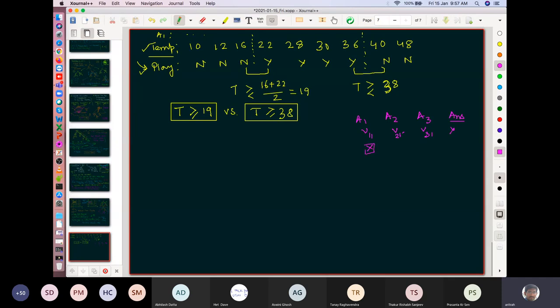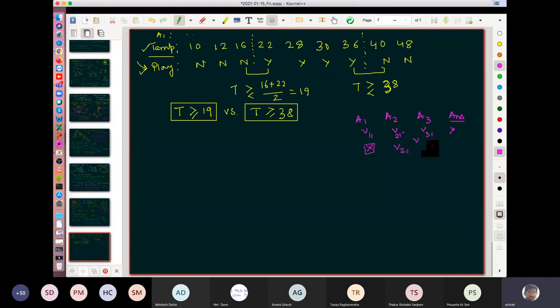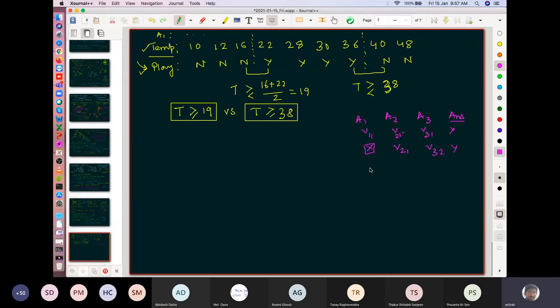Suppose I do not know this one, it is missing. V21, V32, yes. V21, V22, V32, no. So this is the case where an attribute has a missing value.